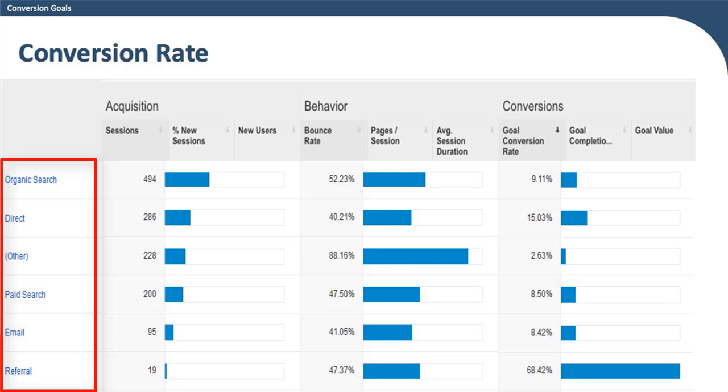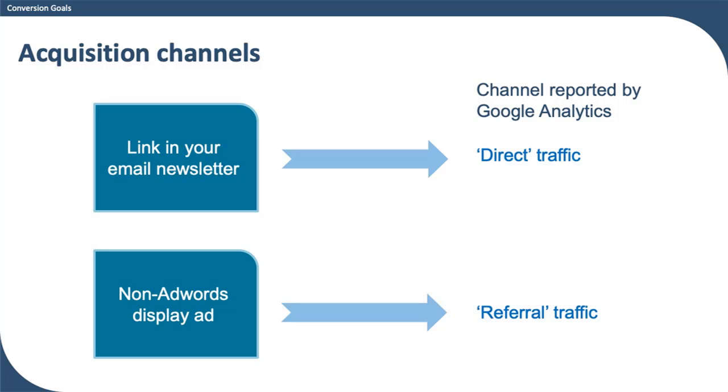However, there is something to be aware of relating to how acquisition is allocated to the different channels. If a visitor arrives at your site by clicking a link in your email campaign, they'll appear as direct traffic. Or if a visitor clicks your display ad, which isn't part of the Google Display Network, then they'll appear under referral traffic.